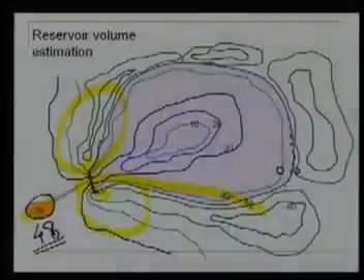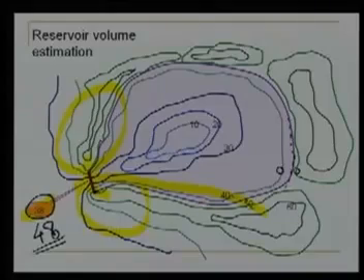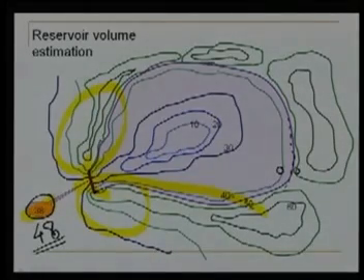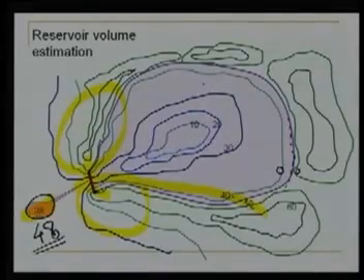Then only the water will start spilling out of the dam wall. Now how much will that area be? If we follow this same methodology and draw this contour of 48, this particular area as shown here in the slide is the area covered by the contour of 48 meter. So this is the total inundation area.